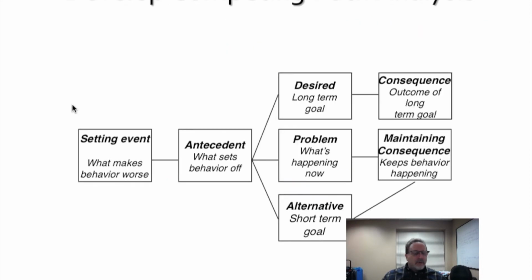Okay, so here's just a graphic that depicts what I was just describing in terms of providing an alternative path and alternative behaviors. It talks about the same kind of antecedent or setting events, antecedent, problem, and maintaining consequences that are currently happening, and then looking at some alternatives that will lead to both short-term goals and some short-term consequences, again, positive, constructive, that can be built in to maintain that behavior, as well as really looking long-term.